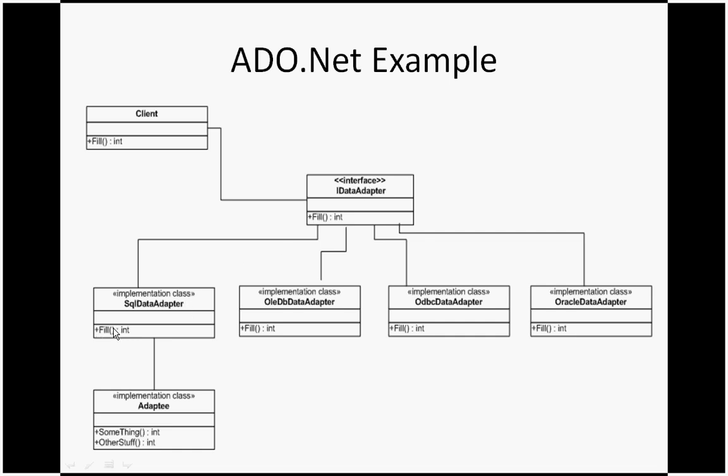It has a Fill method implementation. This Fill method internally talks with some SQL DLLs; we don't know what it is doing inside the Fill method to achieve the fill functionality. The same way, the OleDbDataAdapter implements IDataAdapter, and its Fill talks with the OLEDB related stuff.